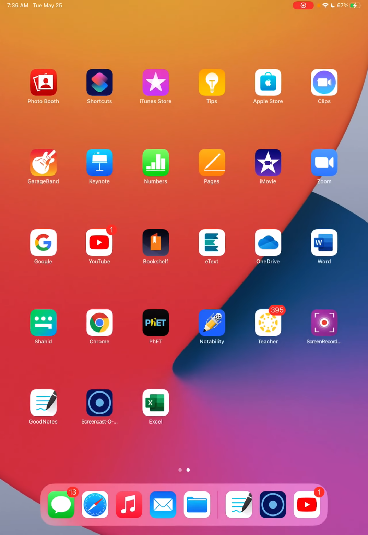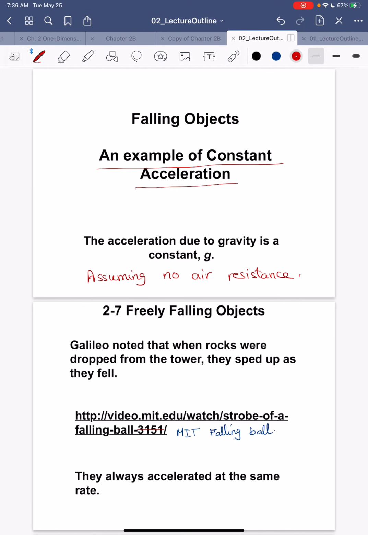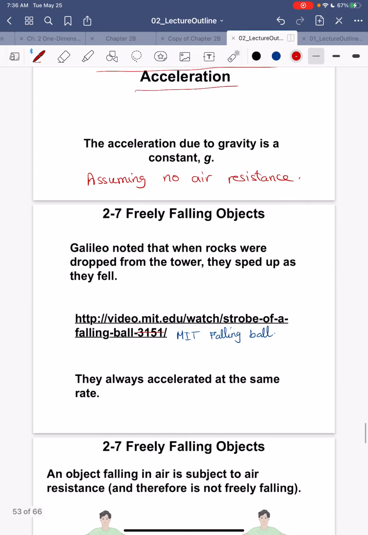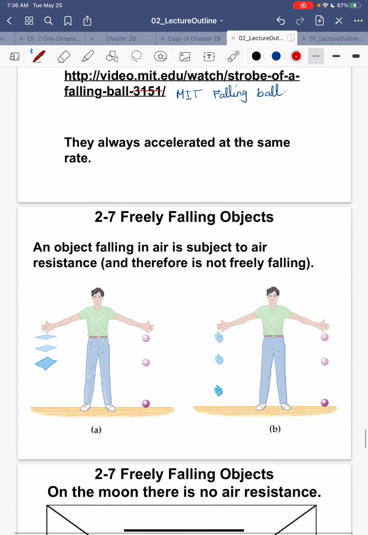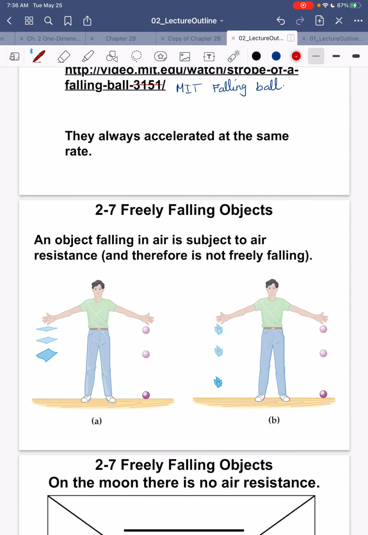Okay, this was the hammer versus feather, where we were able to prove Galileo's experiment. Now, when we talk about free fall, we are talking about objects that are not under the influence of any forces other than gravity.